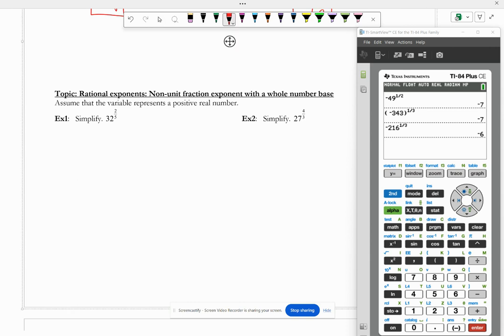Remember, x to the b over a is the same thing as the a-th root of x to the b. So we have exponent over index. That index is the a. So b is the exponent, a is the index.